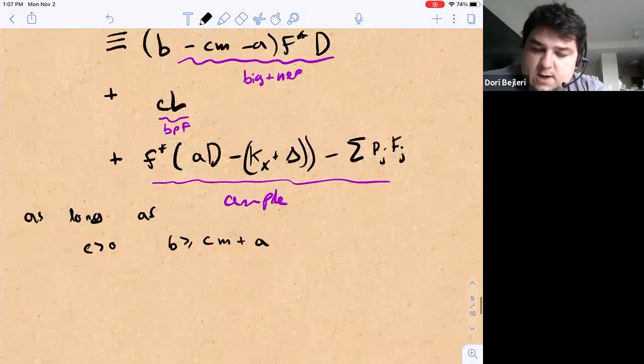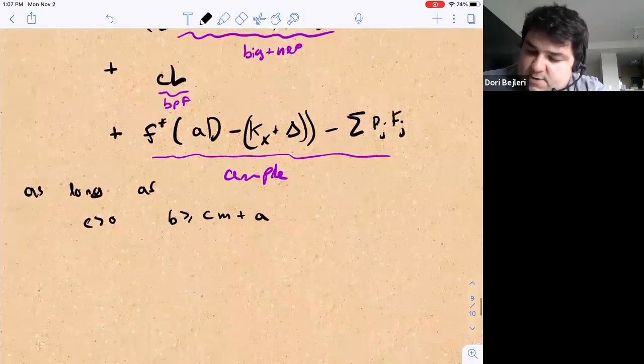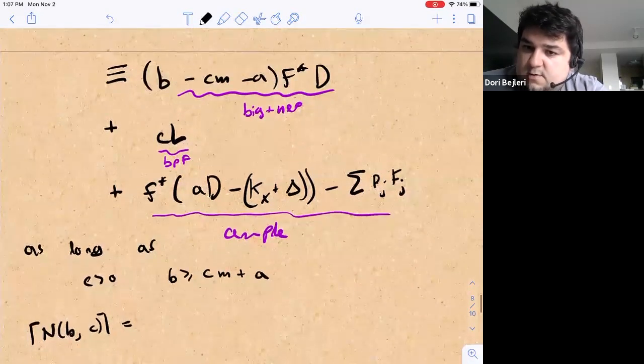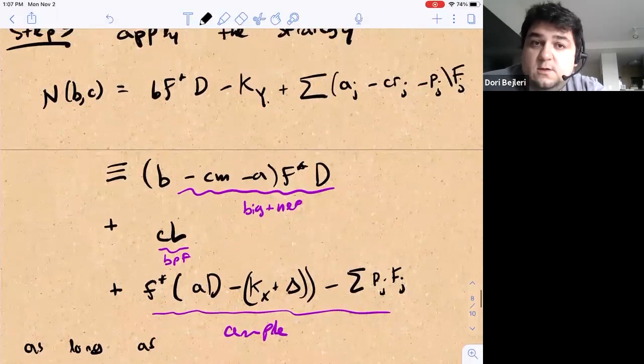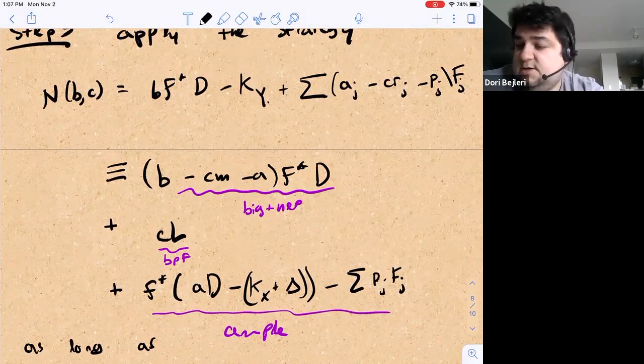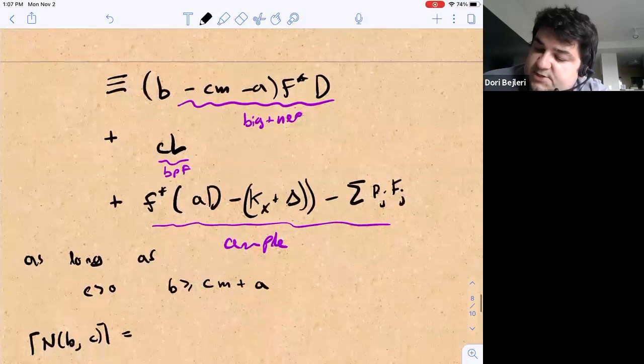So now we write down the roundup of this N. And here we have to look at this expression. So b f upper star D minus kY is an integral divisor. So we're just rounding up these aj minus c rj minus pj pieces.